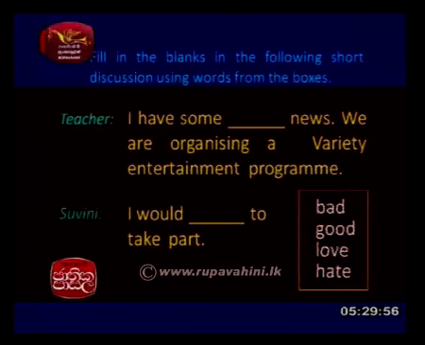So we have made similar type of questions so that you will be familiar with the same pattern. Let us read the instructions first. Fill in the blanks in the following short discussion using words from the boxes. Right. Here some words are given.